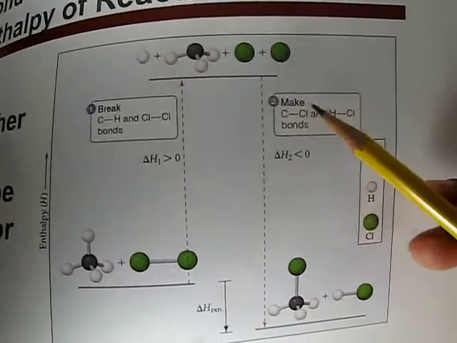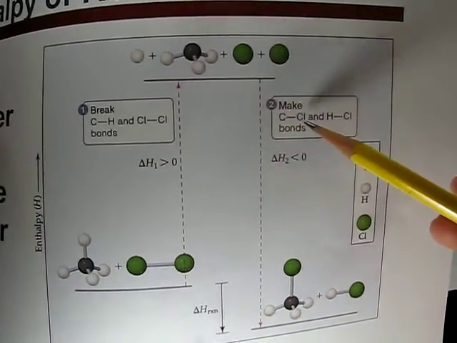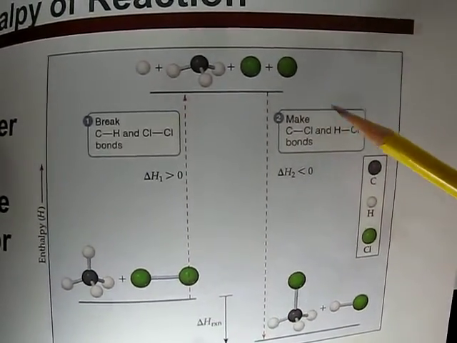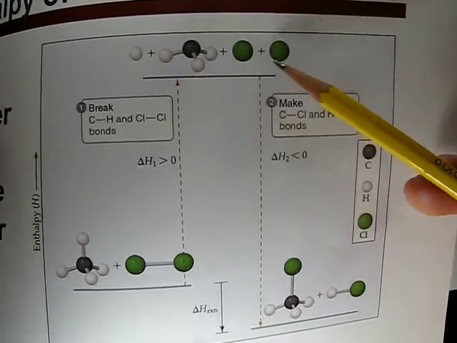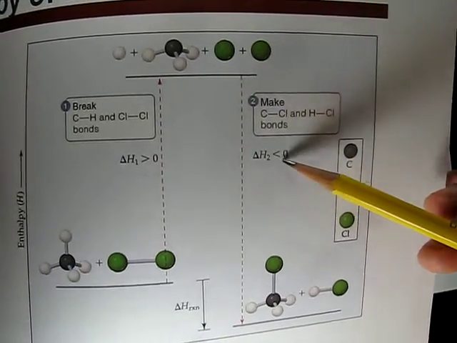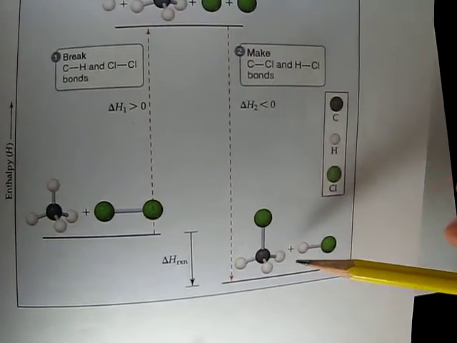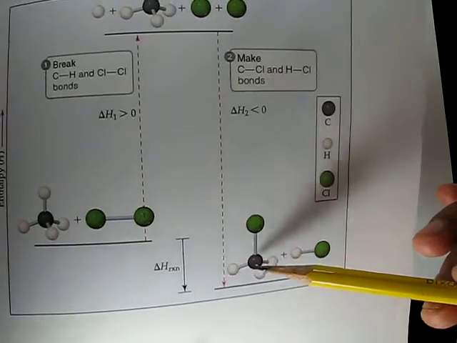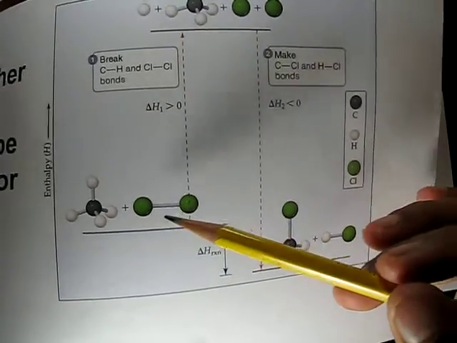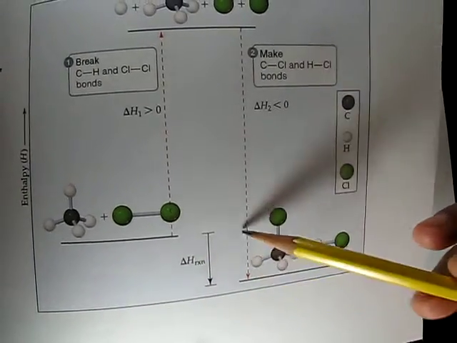And when the carbon and chlorine and hydrogen and chlorine bonds form, that extra energy releases out. That is why delta H is less than 0 and they reach a stable position with the new bond formation. Then you can calculate the difference between these two.